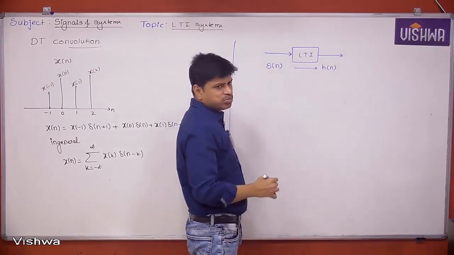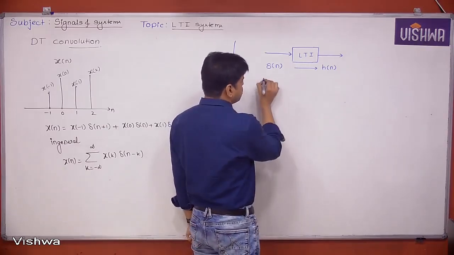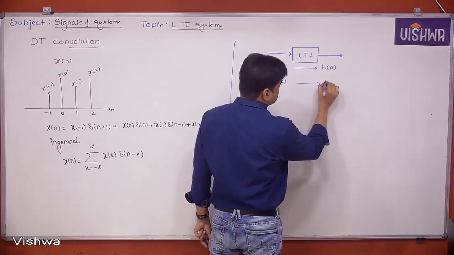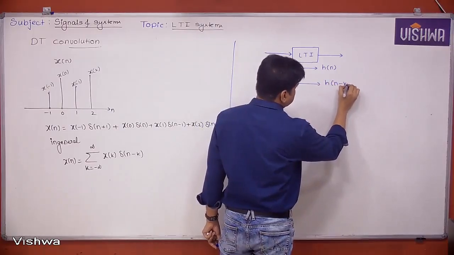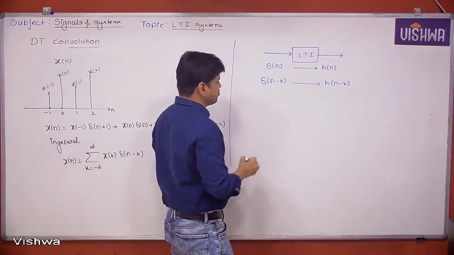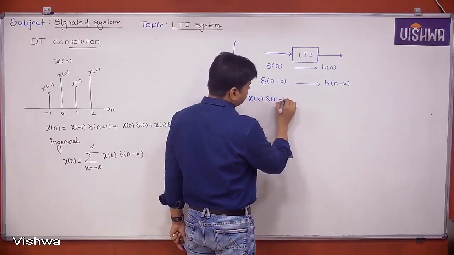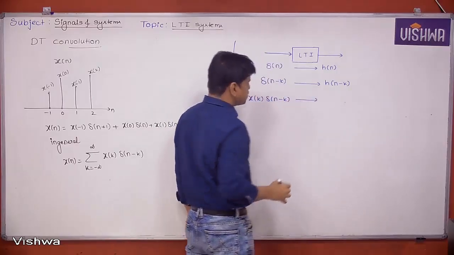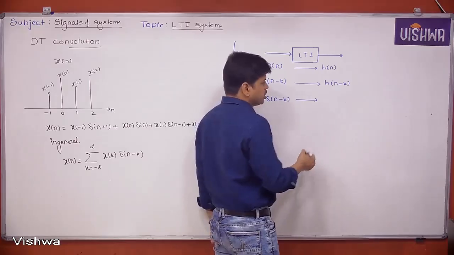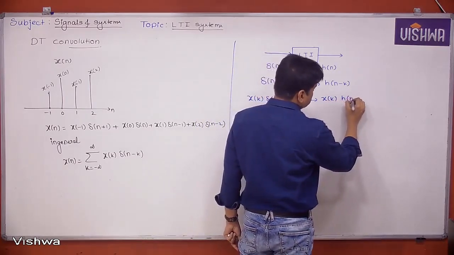Because impulse is the input, we get the impulse response as the output, which is h of n. If I take delta n minus k as the input, we get h of n minus k, because it is an LTI system and we can use the time invariance property. Next, for x of k delta n minus k, x of k is a constant. From the homogeneity property, if any constant is multiplied at the input, the output is also multiplied by the same constant: x of k, h of n minus k.